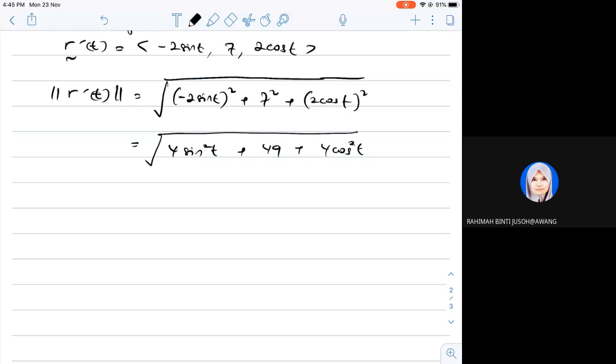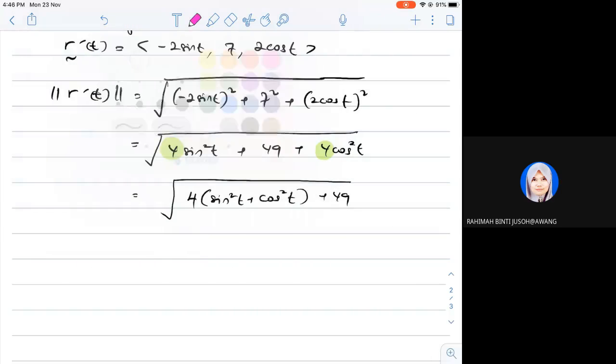Right now, we have the same coefficient for sine squared and cos squared, so we can combine this. Take out the coefficient and combine sine squared t plus cos squared t, which, as we learned in chapter 1, is a trigonometric identity equivalent to 1.